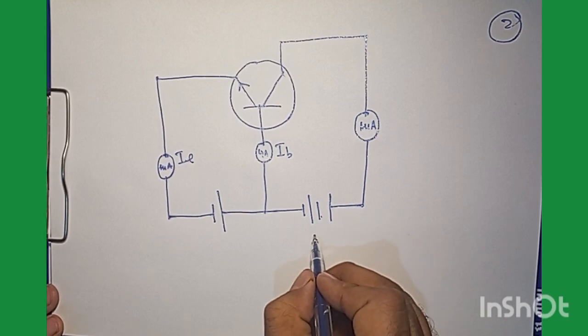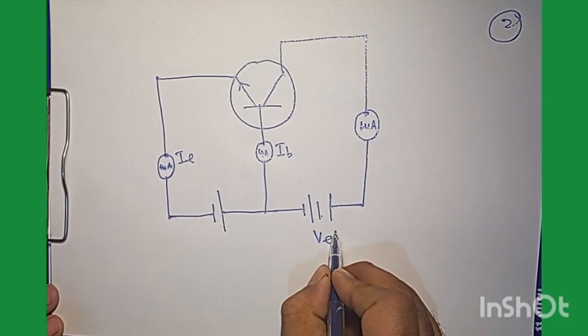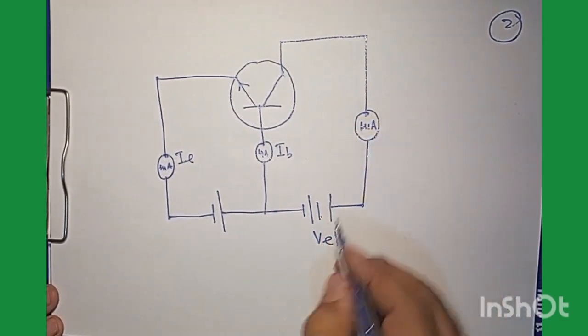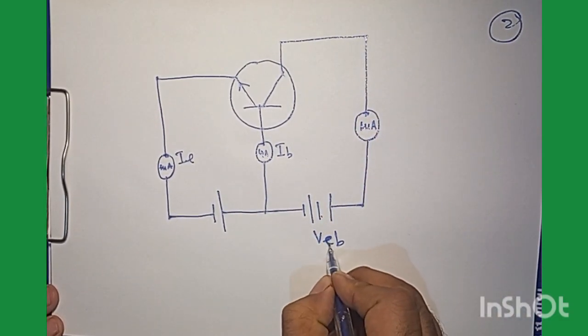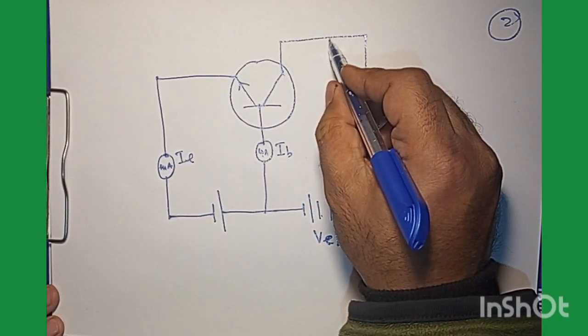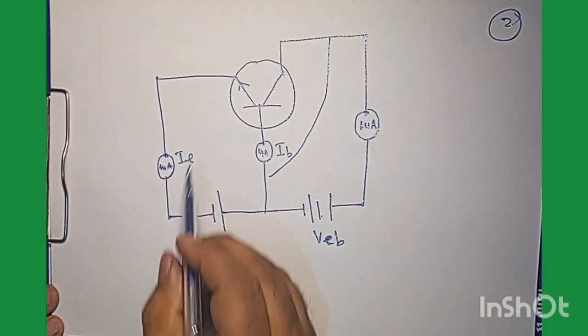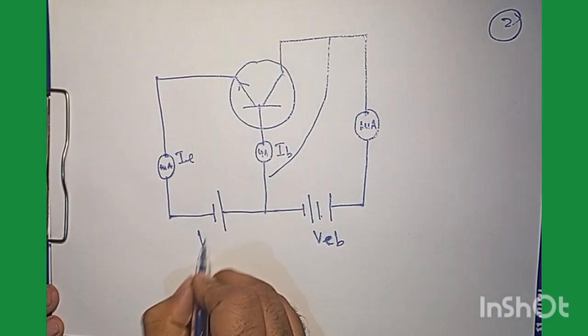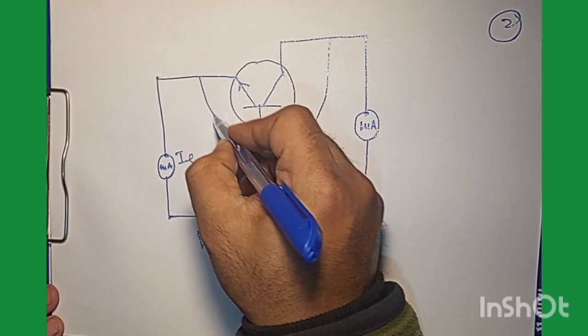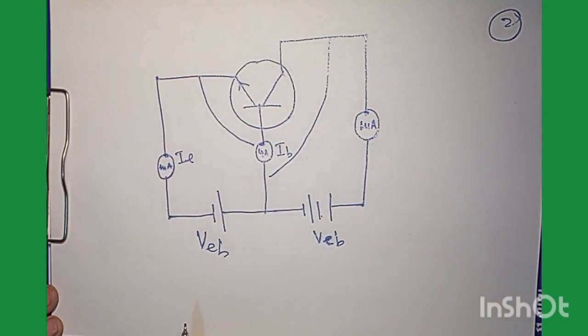So here we have VCB, the voltage across collector and base, and here we have VEB, that is voltage across emitter and base.